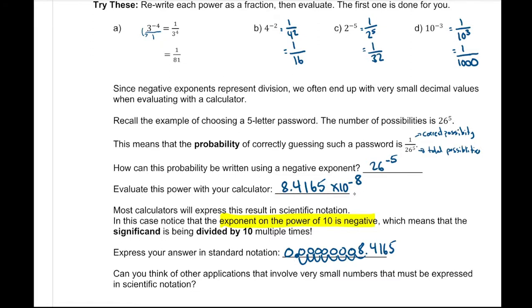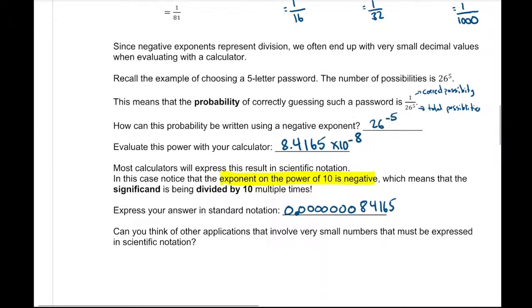So there's going to be 7 zeros in front, and then a decimal, and then a 0 again as a placeholder. So our actual value is 0.00000084165. So again, a very, very small number.